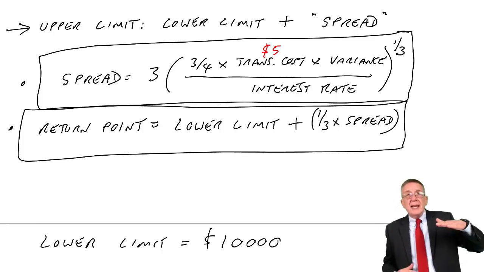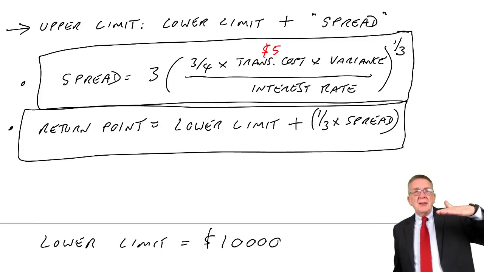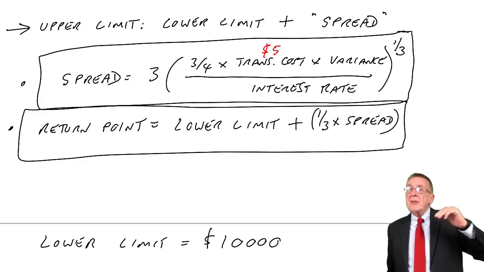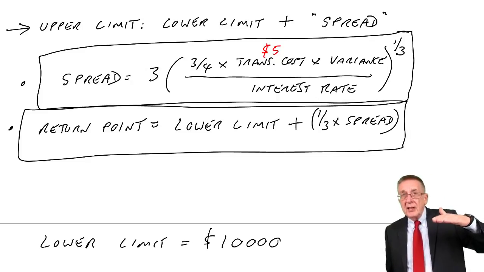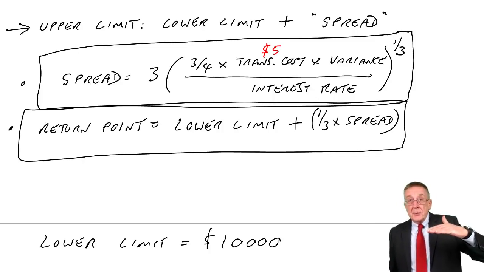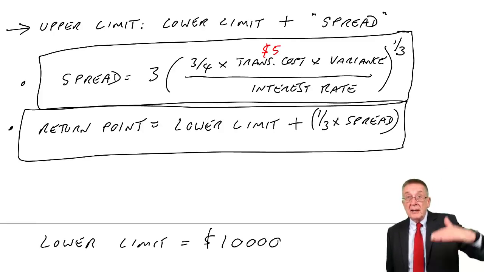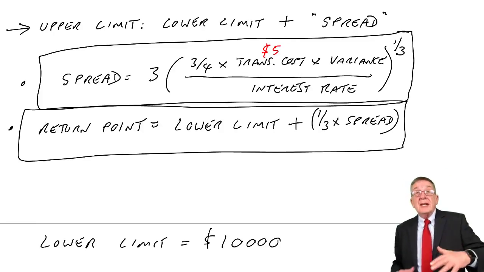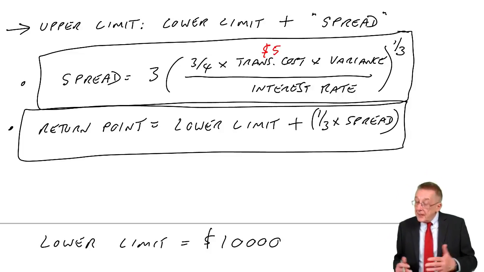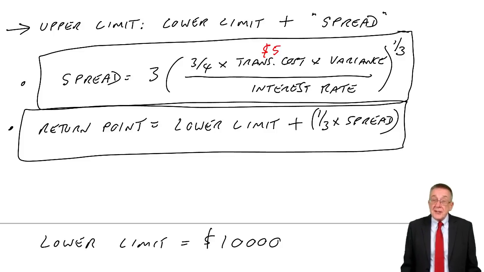So if my cash was always about 10,000 and only went up and down a little bit, the standard deviation would be very low. If, on the other hand, my cash on average is 10,000, but sometimes it's a lot higher and sometimes a lot lower, the standard deviation is a lot higher. But again, calculating it is not in the syllabus.